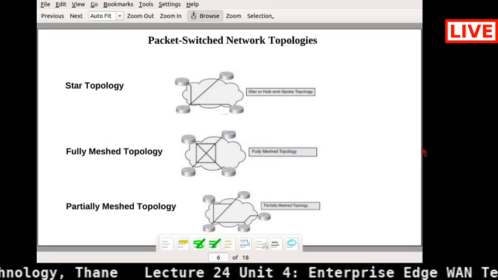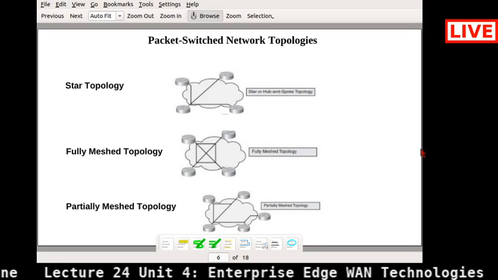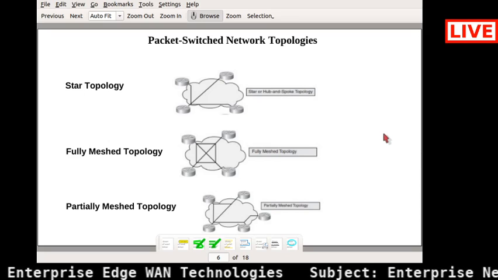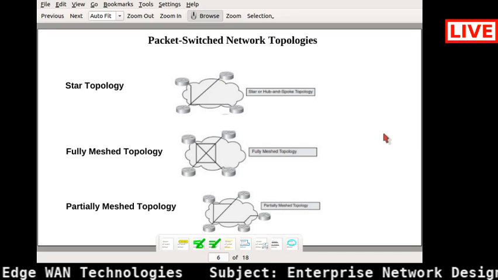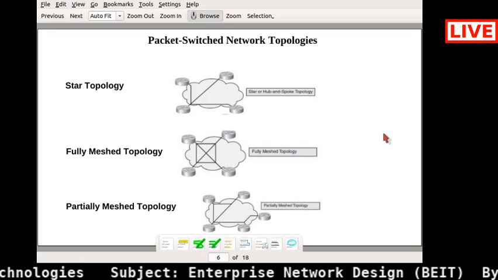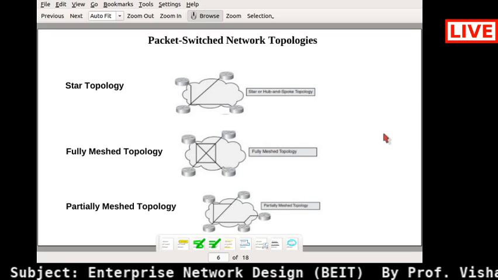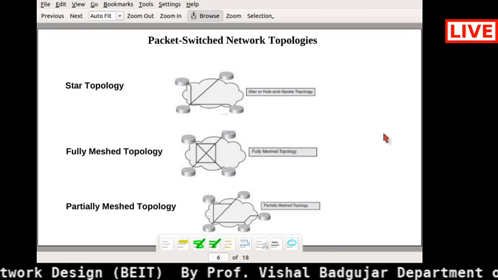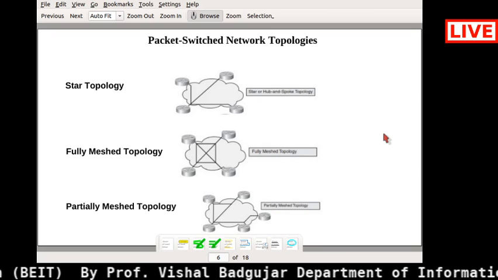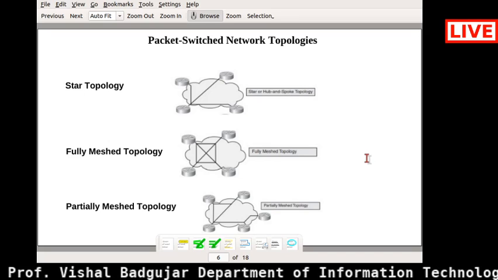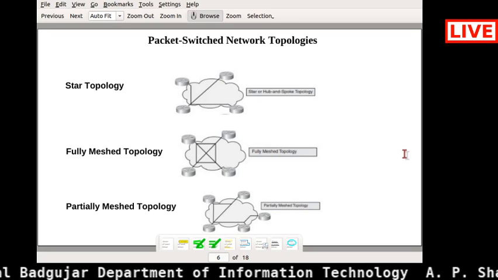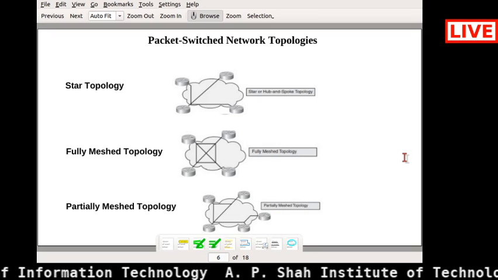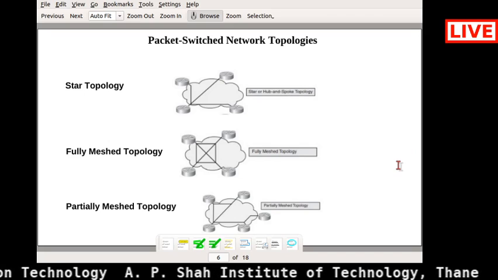But this star topology also has some disadvantages. Because we are using a central router, that is nothing but the hub, it will be a single point of failure for this star topology, right? Also because of that, it is not scalable. The central router we use as a hub limits the overall performance for access to centralized resources, right?